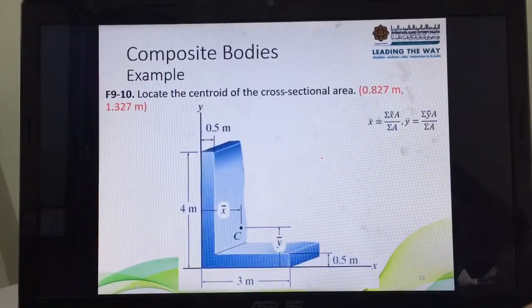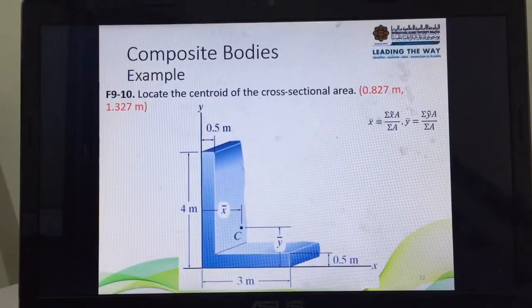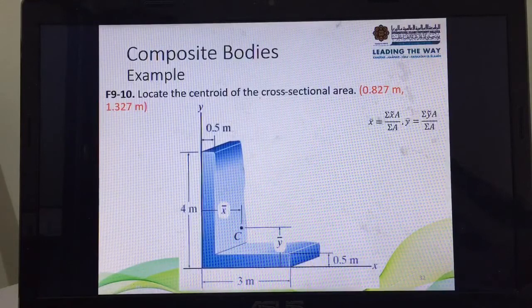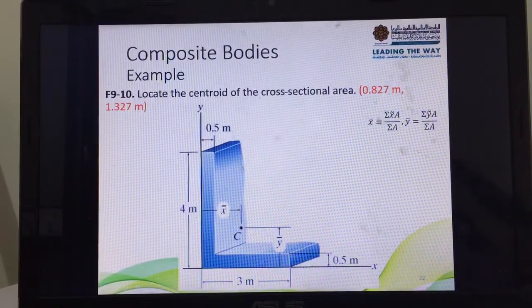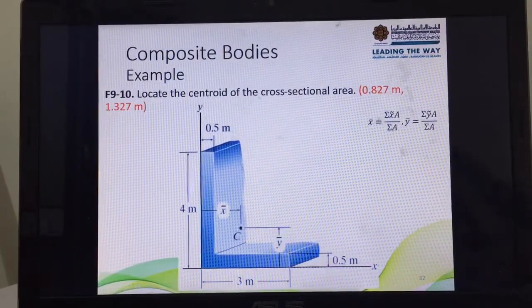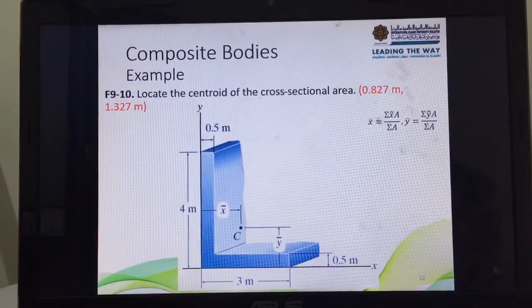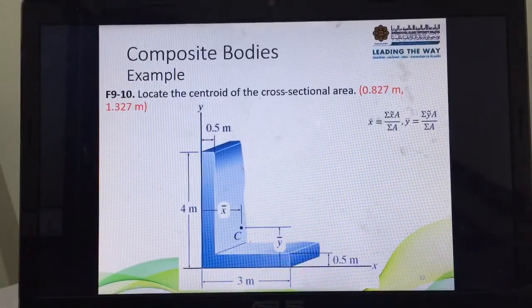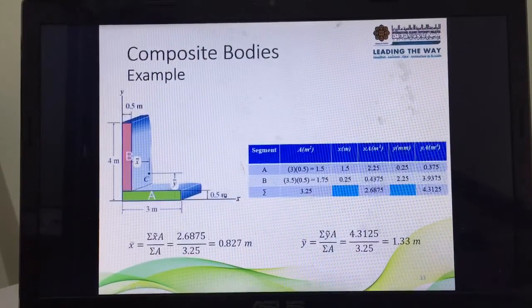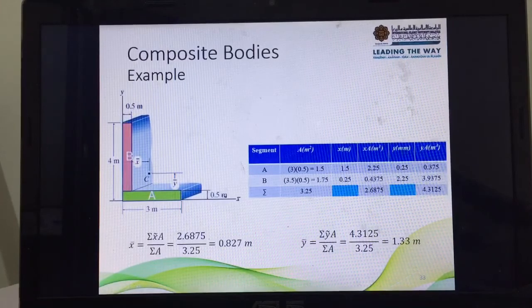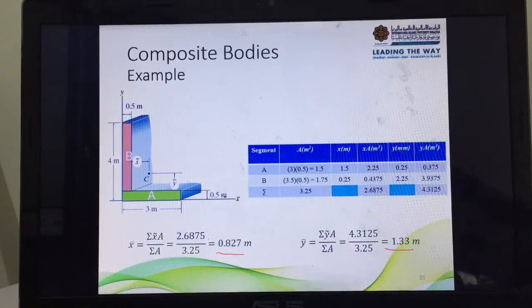Right. Okay, and then the centroid of this. Again, this is an example where the centroid will be outside the body itself, right? So you have this kind of L shape, probably a beam, and then you can find the centroid. You can break it into two parts, A and B, and do those procedures, and you can find your X bar and Y bar.